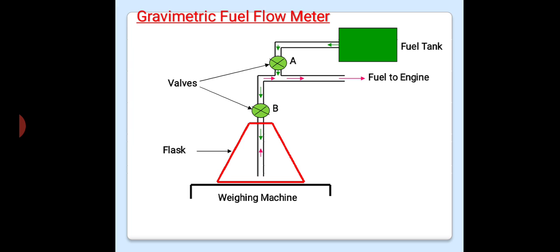The quantity of fuel in the flask is weighed on the balance. After this, valve A is closed and valve B is kept open so that fuel from the flask flows into the engine and the time is measured. The quantity of fuel in the flask is again weighed. In this way, the mass flow rate of fuel supplied to the engine can be determined.